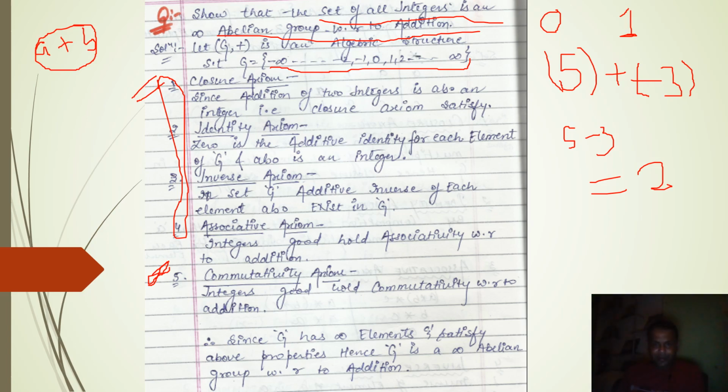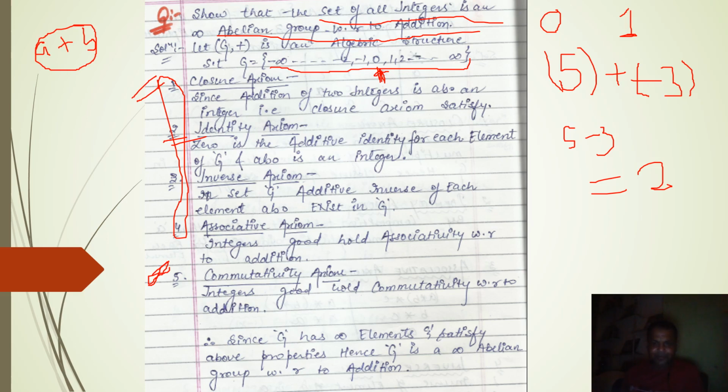But if you wish to prove that our set is a group with respect to addition, then you will take 0 as the identity. So we know that 0 always belongs to the set of all integers. So we can directly say that identity axiom is also satisfied, because 0 is the identity for every integer.